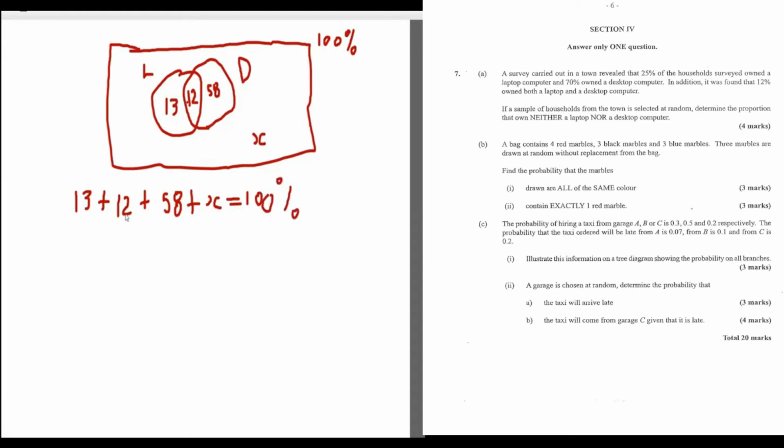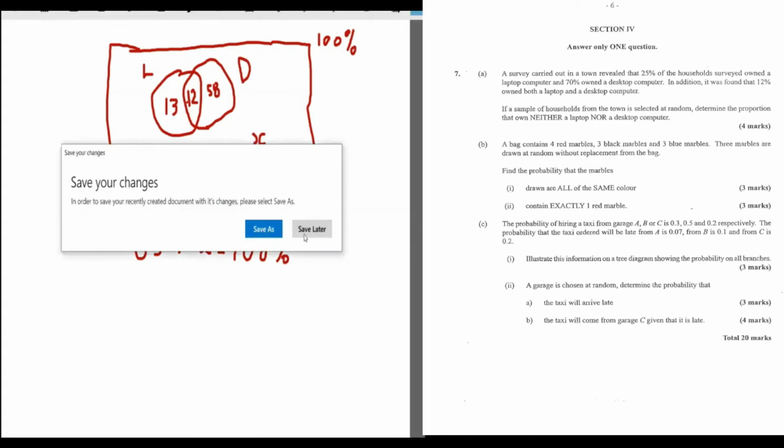Now 58 and 12 is 70, plus 13, let me check that with my calculator. I'm not as sharp as one time. That's 83. And so 83 plus X is equal to 100%. That tells me that 17% is X.